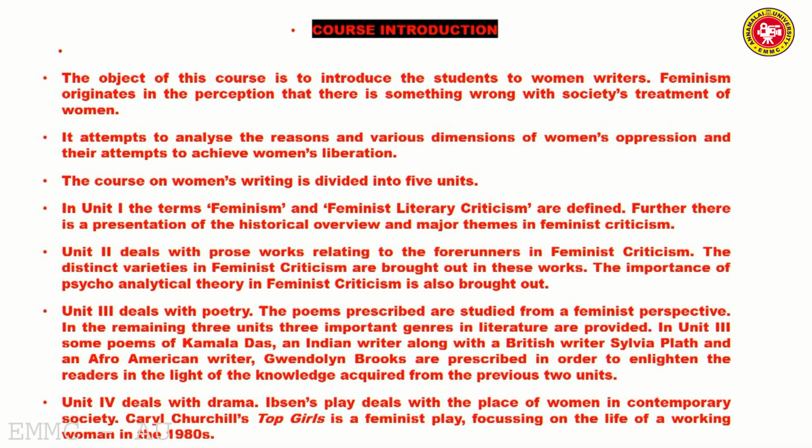Unit 3 comprises poetry, unit 4 comprises drama, and unit 5 deals with fiction or the novel. So, we are going to apply what we know about feminism and these ideas to 3 different genres of English literature. That is the purpose of this course.